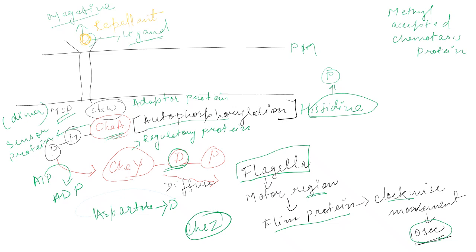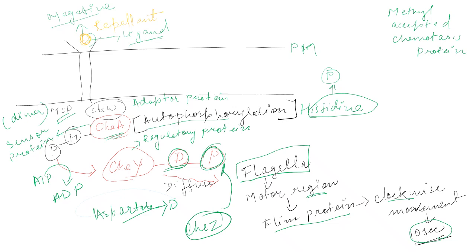Once it moves out, another molecule, CHEZ, comes into action. This shows a negative effect on CHEY. This CHEZ will remove the phosphate group from the aspartate amino acid, and this will inhibit the phosphate group.